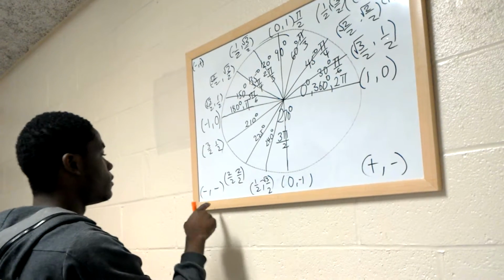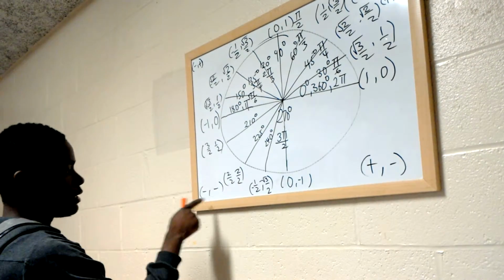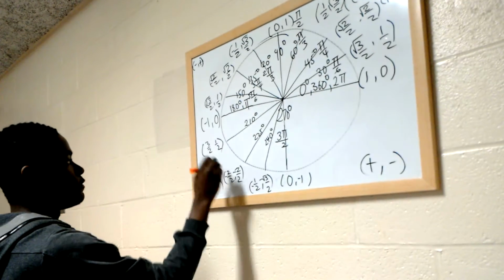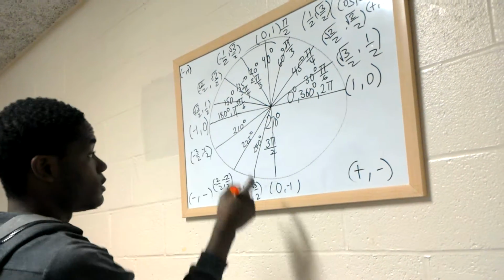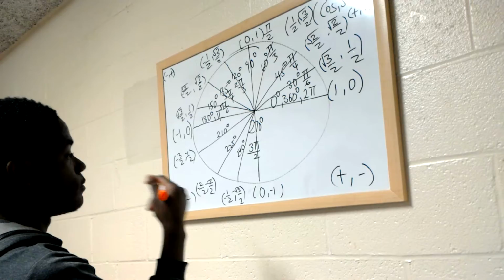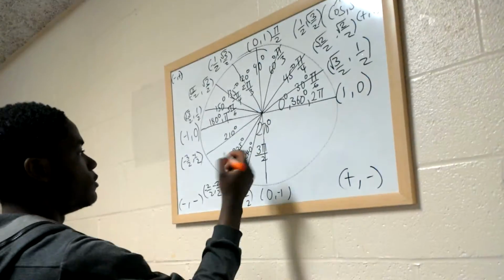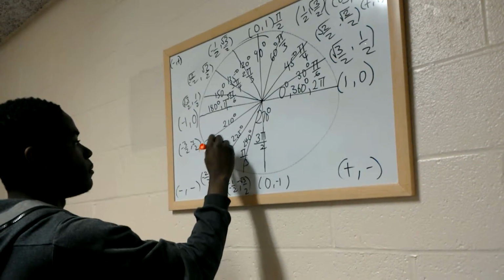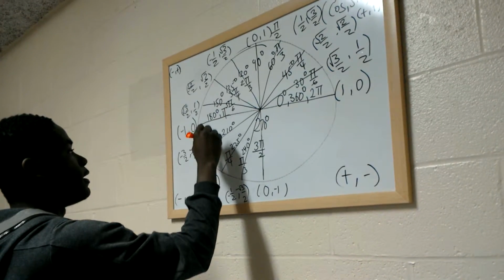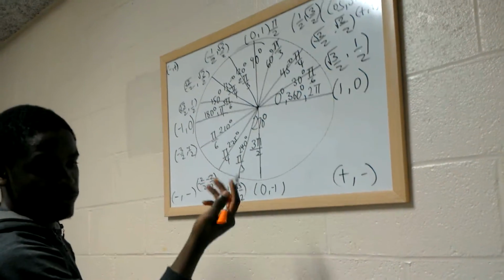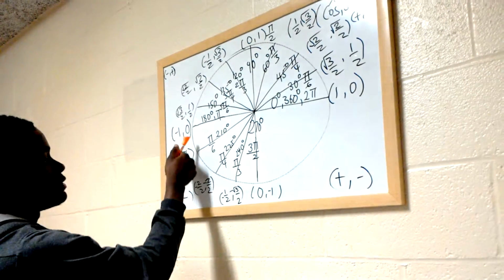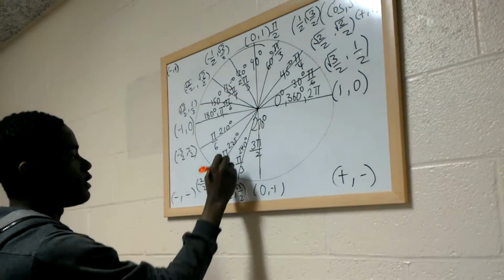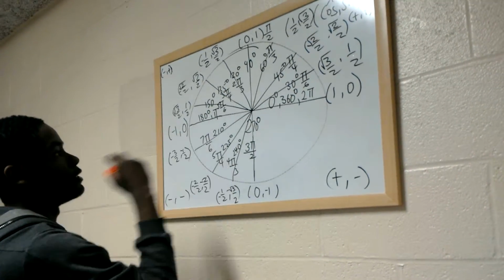Then you negate everything because the negative is for both of them. As far as the radians, you're going to do pi over 3, pi over 4, pi over 6, and then you have to memorize that you go 4, 5, and 7.